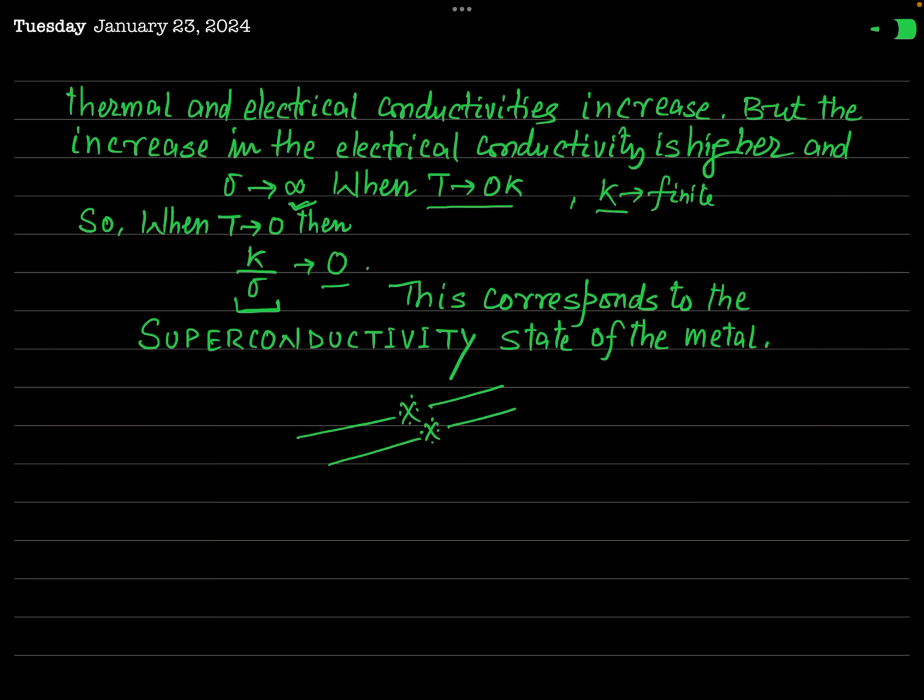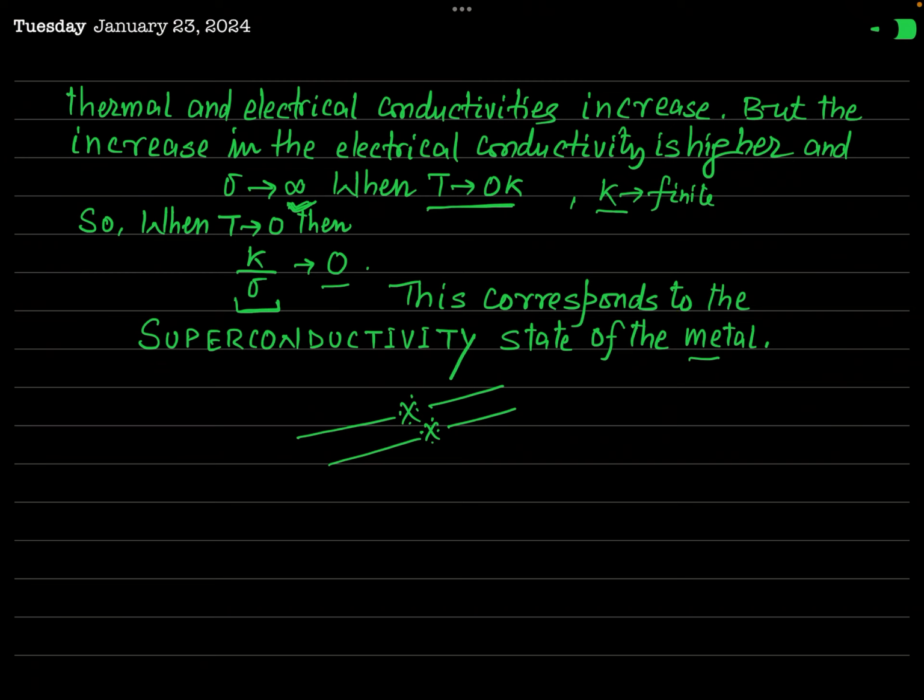In this condition, when T tends to 0 K, sigma tends to infinity, it means our metal now behaves like a resistance-less path. This state of the metal is called a superconductor. So this fact corresponds to the superconductivity state of the metal.